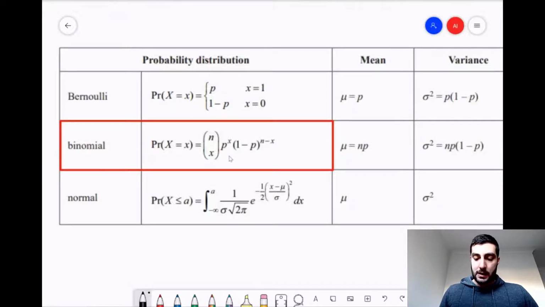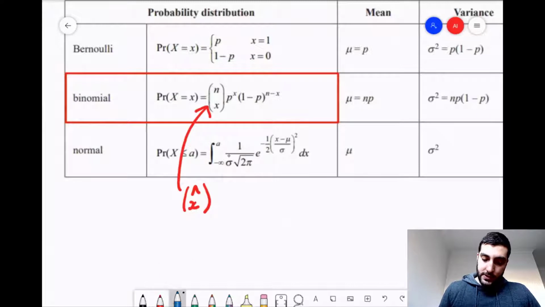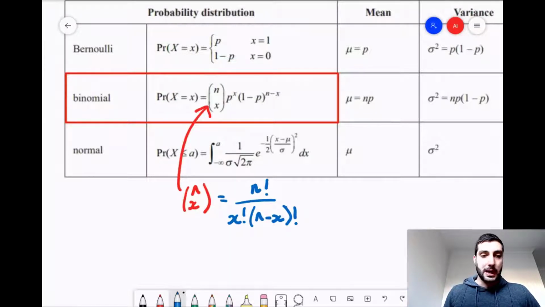And I'll just add in something that's really crucial, because it's great that you've got this formula, but what the heck does n choose x mean, right? This is really just a simpler notation for writing n factorial divided by x factorial times n minus x factorial. So that's really important to keep in mind as well.